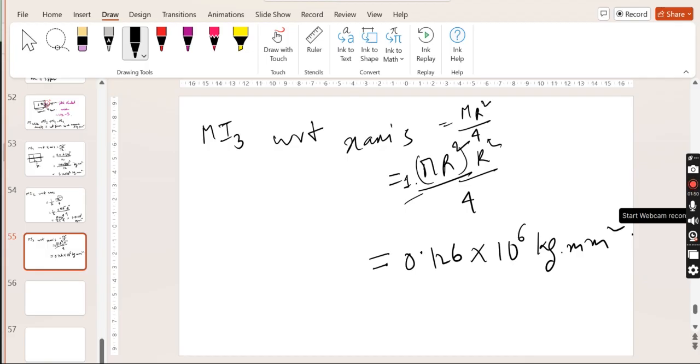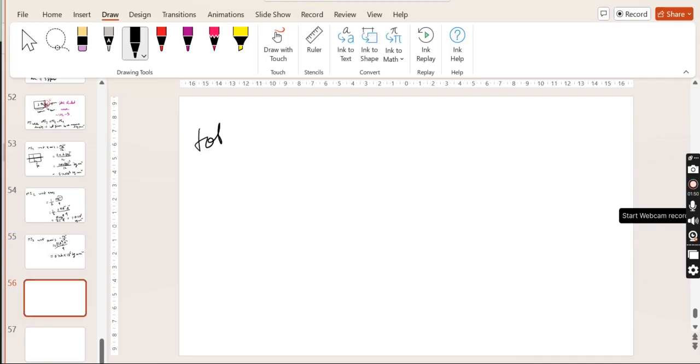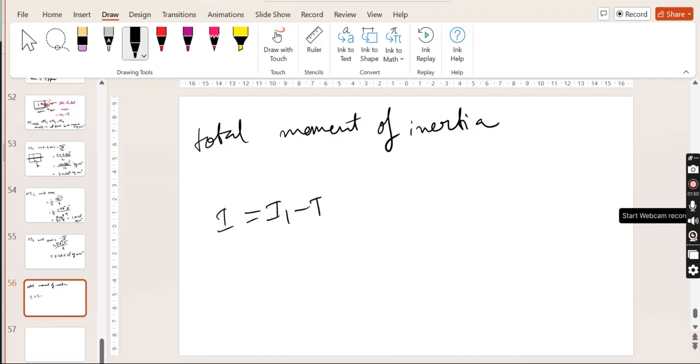So the total moment of inertia is basically I1 plus I2 minus I3.